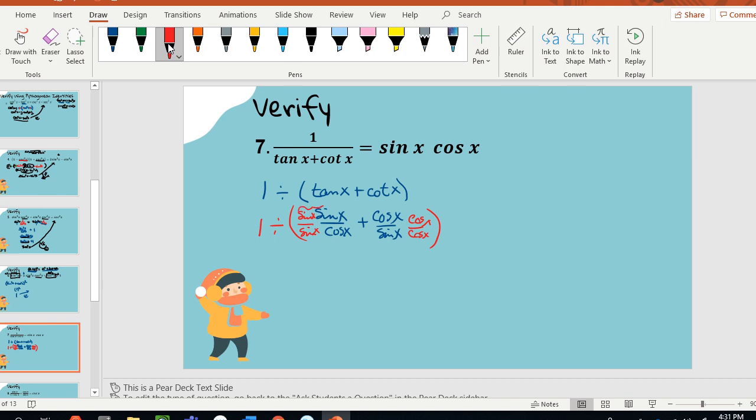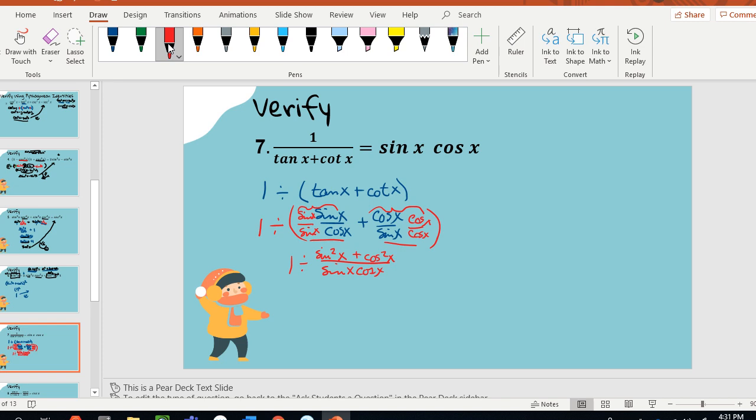I'm going to multiply these, and when I multiply the denominators, they come out to the same thing, sine x cosine x. And so the top gives me sine squared x on the left side and cosine squared x on the second side. And now I have 1 divided by that.